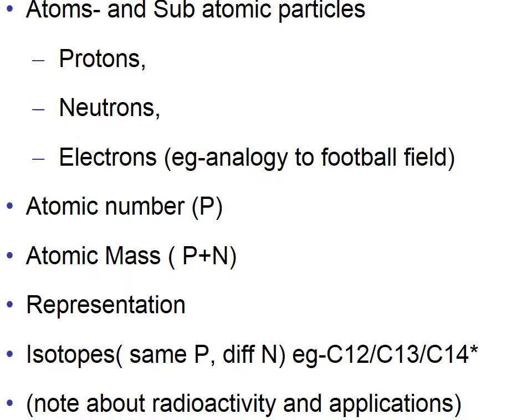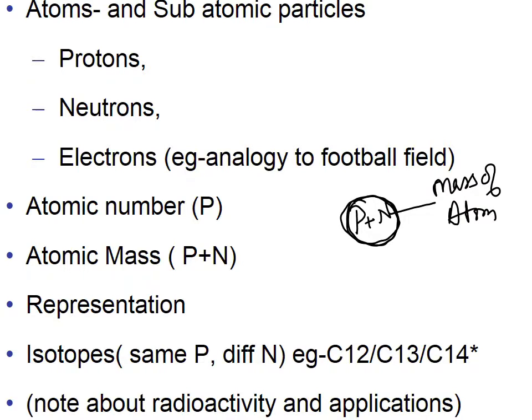Okay, the next term that you have to know is the atomic mass. The nucleus of an atom contains the protons and the neutrons. Both of these together contribute to the mass of the atom.